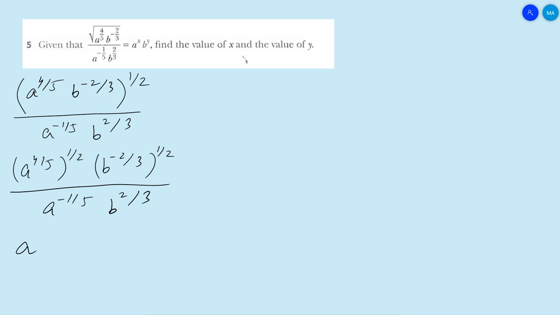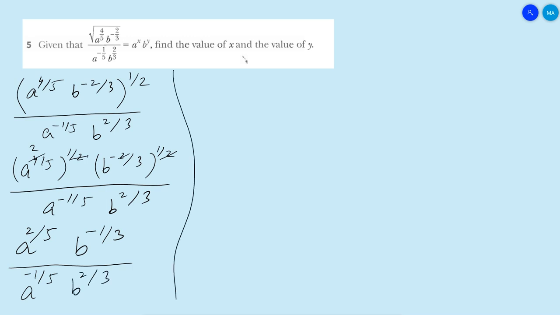So a 2 to the 4, answer is 2 upon 5. b 2 cancel by 2, answer is minus 1 upon 3, upon a minus 1 upon 5 b 2 upon 3. A 2 upon 5.